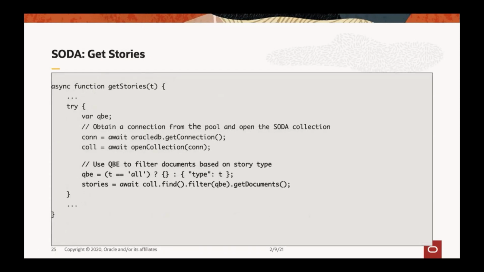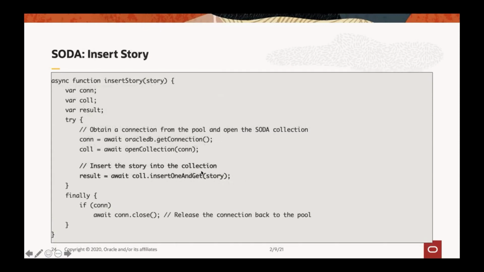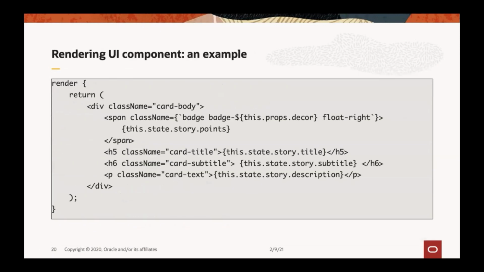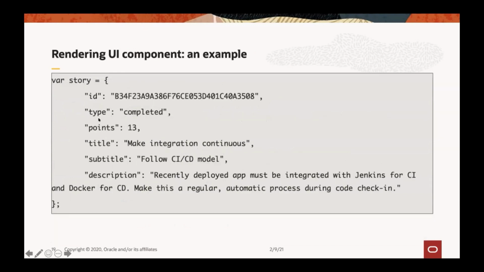So I'd like to show you an example of get stories. I open a connection again and a collection, and I'm going to use the QBE to filter documents in the collection. I want to retrieve a set of stories that fall under this category. So I use the type field in the user story. If you get back to the story JSON document, few slides back, it's going to have a type field.